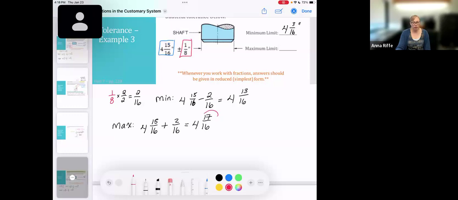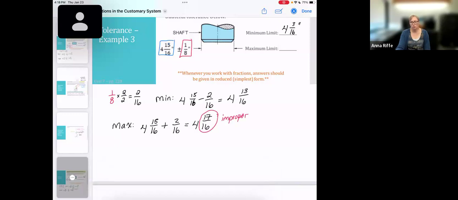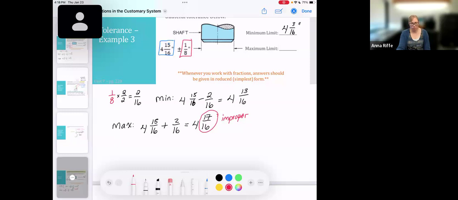But now we can note that this fractional part of a mixed number is an improper fraction, which means the numerator is bigger than the denominator. We generally don't prefer an improper fraction in with a mixed number. It can either go by itself, or we need to change it to mixed number form.